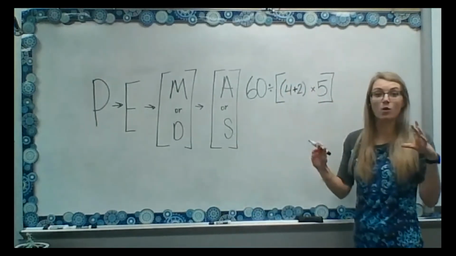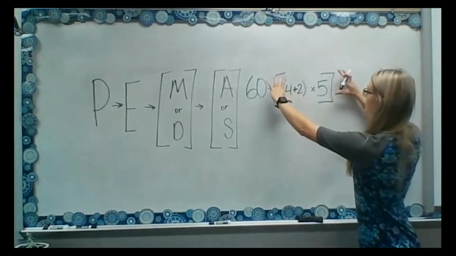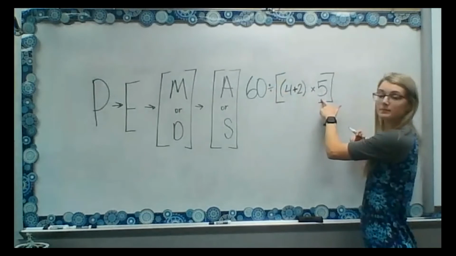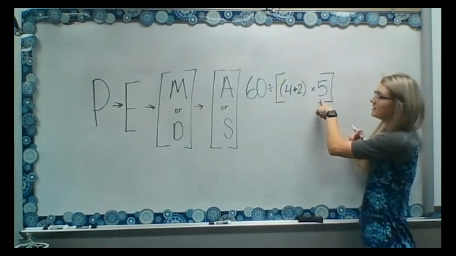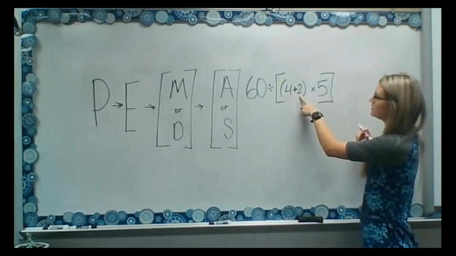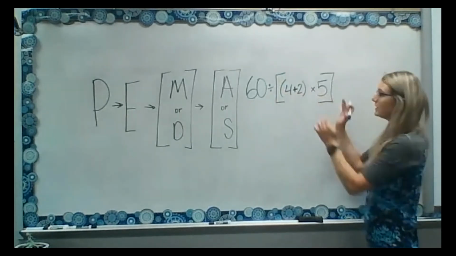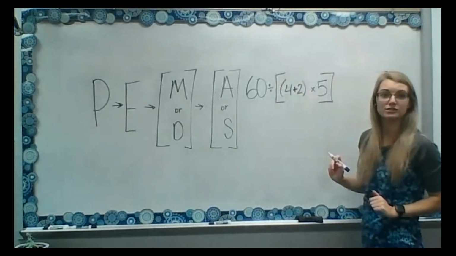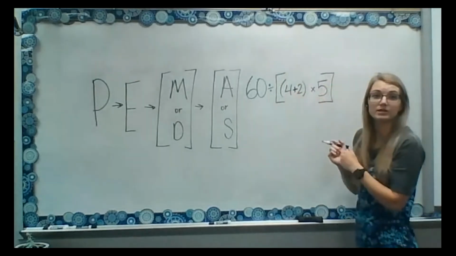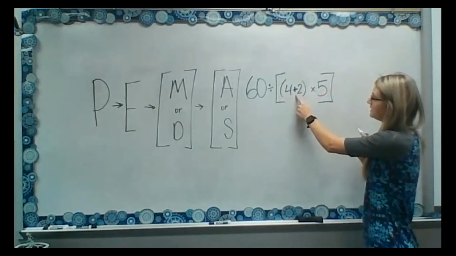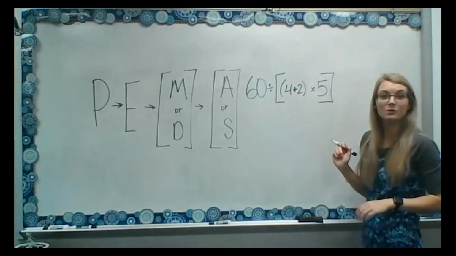Because they're like a form of parentheses, and that always comes first. So in our brackets, it's like we have our own separate problem, right? The sum of 4 plus 2 times 5. So we have to do what's in the brackets first, and we have to do its own order of operations there. So I have a parentheses, an addition, and a multiplication.